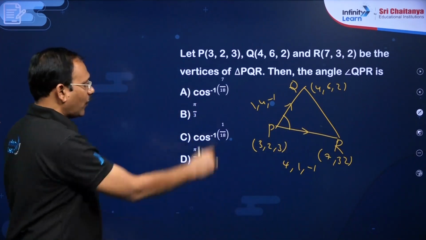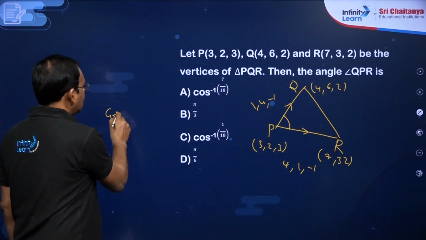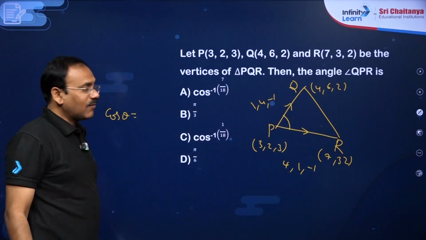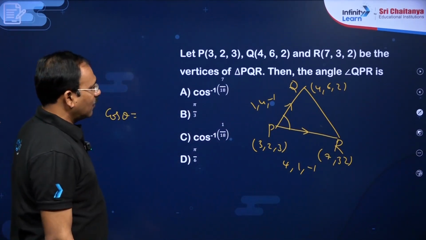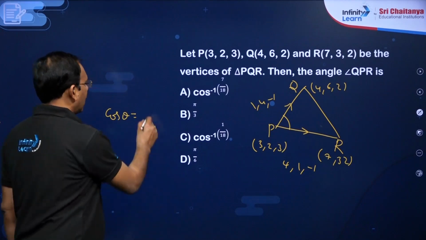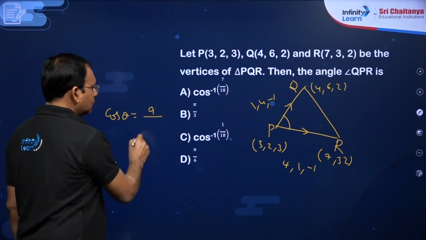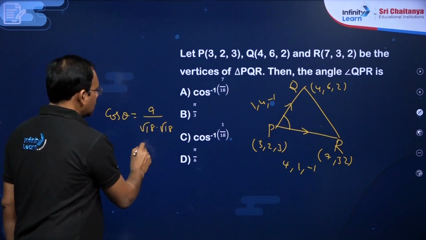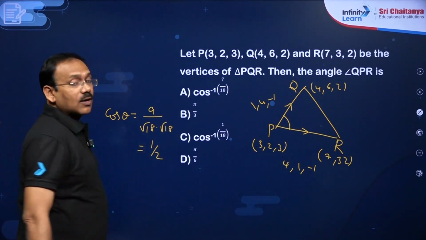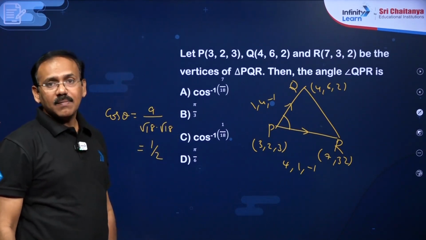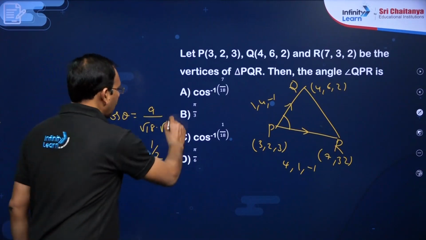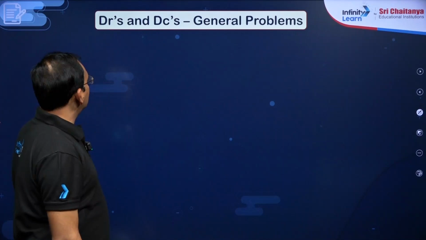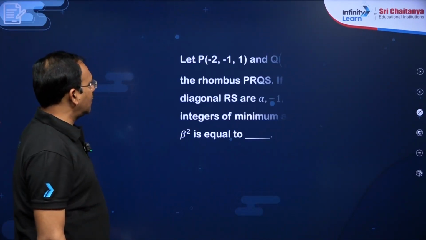To find the angle between them, cos theta is equal to A bar dot B bar by magnitude of A bar into magnitude of B bar. 4 plus 4, 8 plus 1, 9, by root 18 into root 18, which is 9 by 18, 1 by 2. Cos theta 1 by 2 means the angle must be pi by 3. So pi by 3 is the angle between them. The next, you see DRs and DCs related.